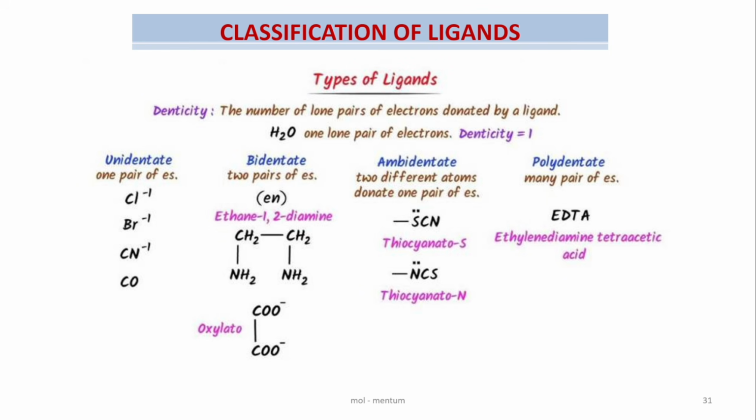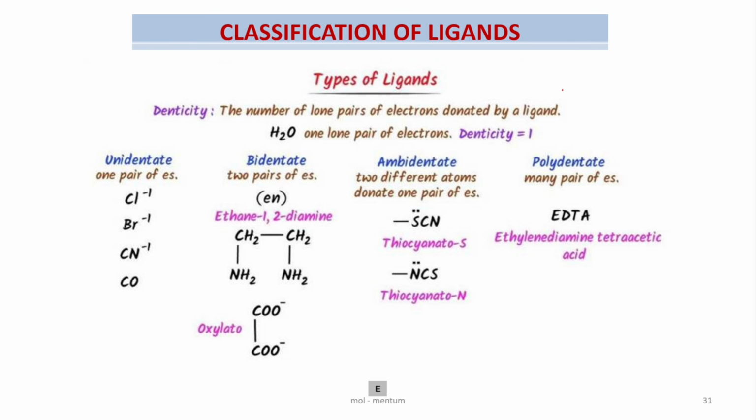Now classification of ligands, a very important topic. Before we begin, there is a definition of denticity. Denticity is the number of lone pairs of electrons donated by the ligand to the central metal atom.